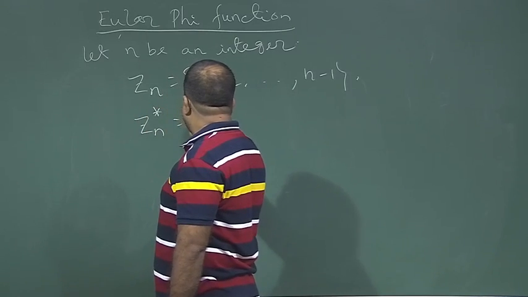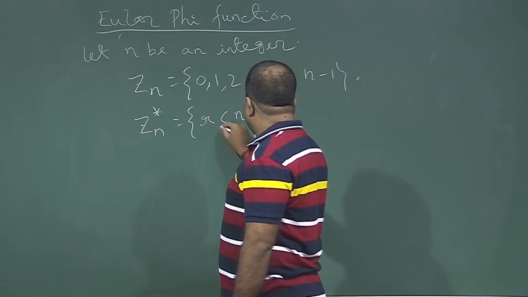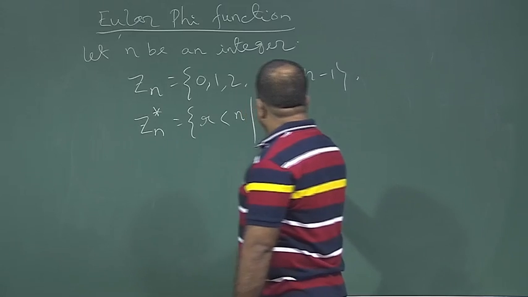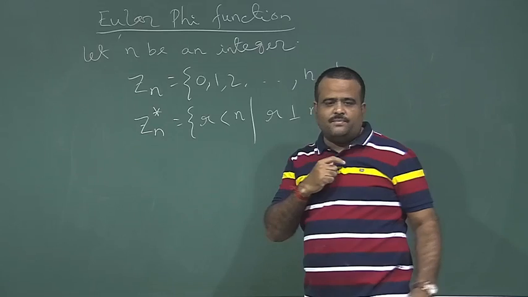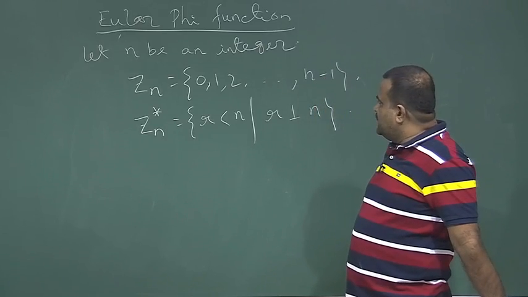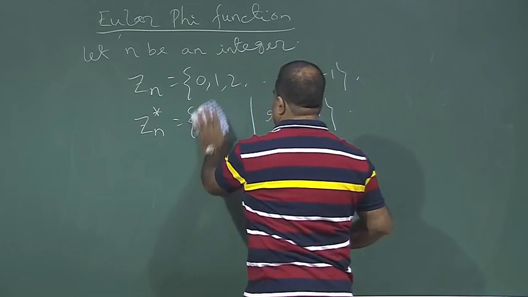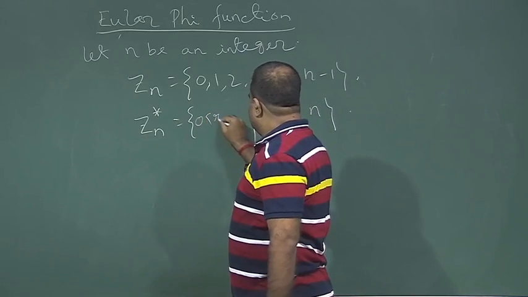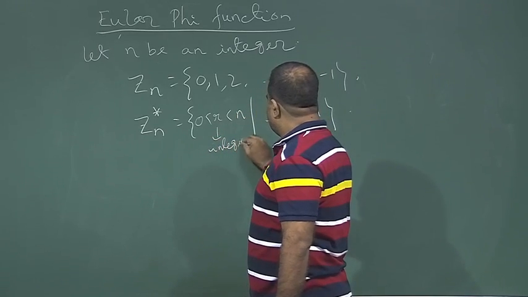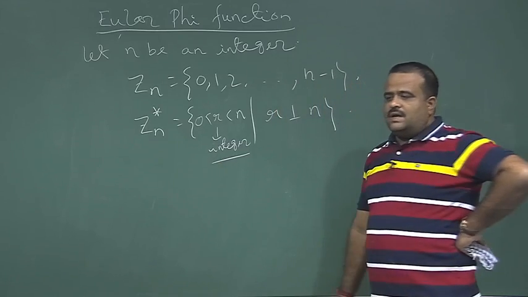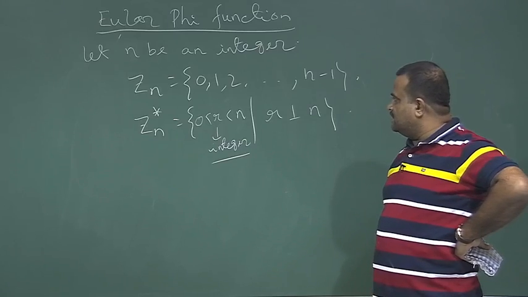Zn star is basically the set of all positive integers less than n such that they are coprime to n. So, maybe we can write it properly: 0 less than r less than n, r is an integer. So, the set of all integers which are relatively prime to n, which are coprime to n.